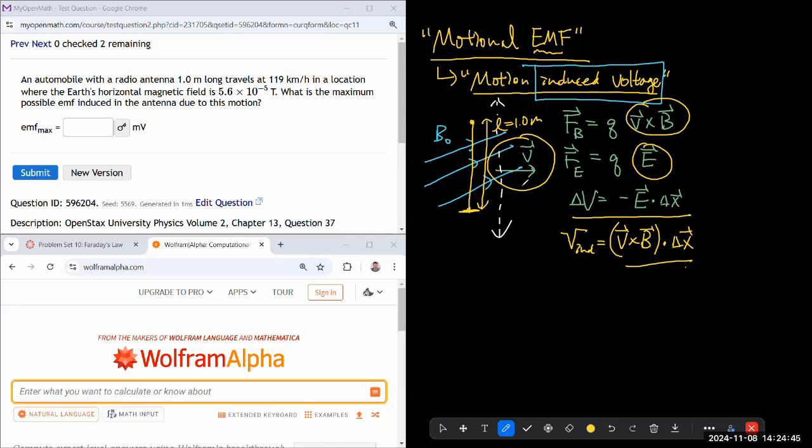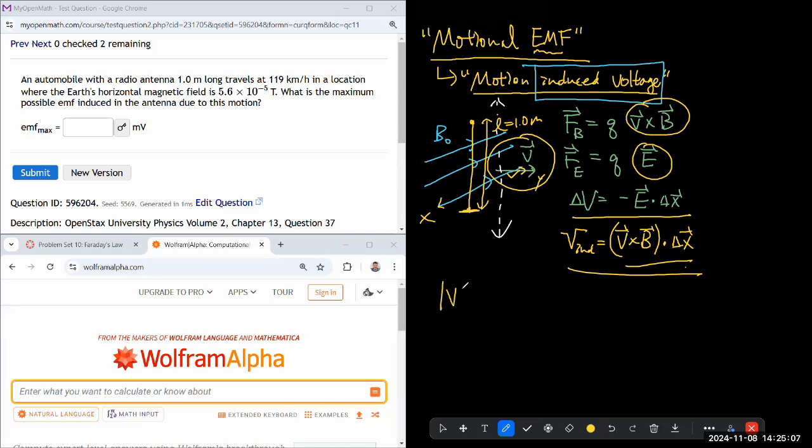So that motion induces a voltage difference across the length of the wire. That'll be given by this formula, and we can simplify some things. The way we are drawing this, the velocity and the magnetic field are perpendicular to each other, both horizontal. Like you can imagine this being the X and this being the Y direction, they are perpendicular.